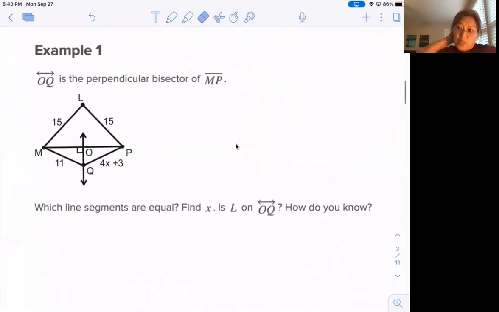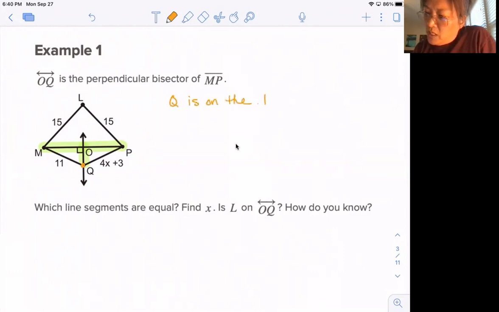All right, so example 1. Let me highlight as we go. OQ is the perpendicular bisector of MP. Which line segments are equal? So if OQ cuts MP, then Q is on the perpendicular bisector.